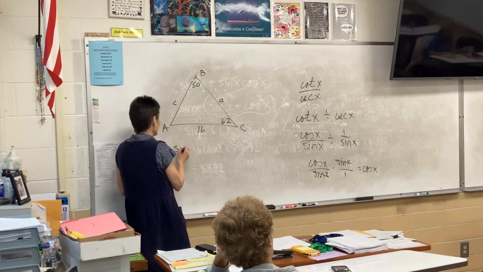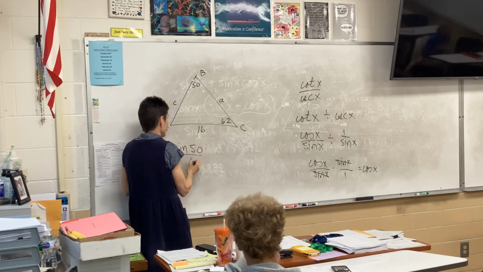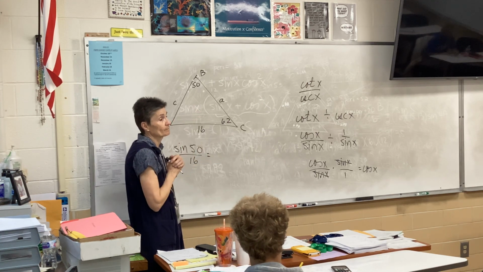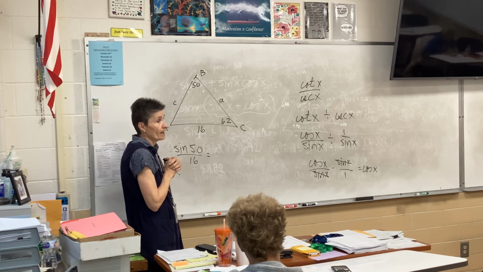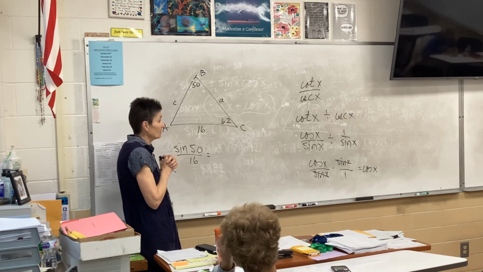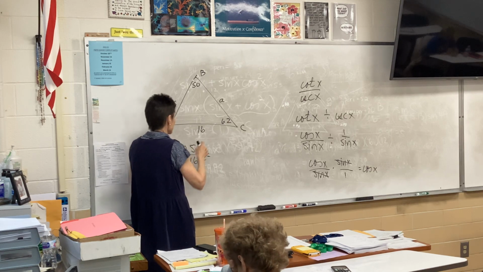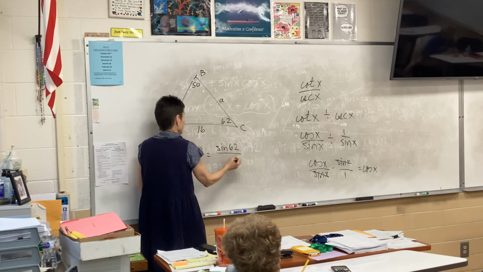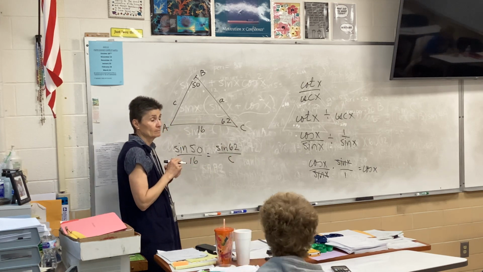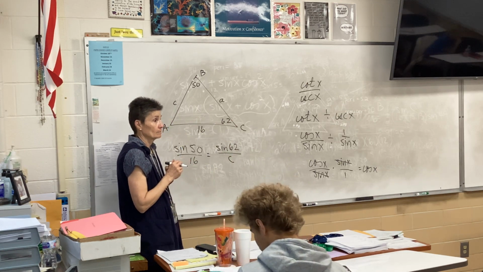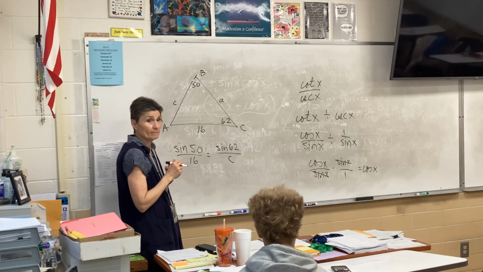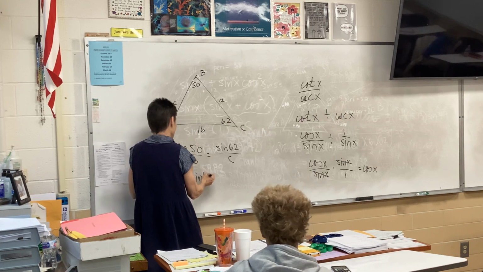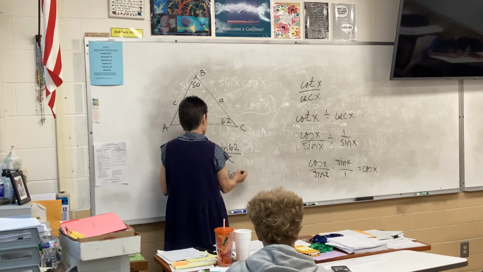So you're going to start with sine 50 over 16. Start with your pair. And then set it equal to whatever you want. So maybe sine 62 over C. All right, then we'll cross multiply, so C sine 50 equals 16 sine 62.